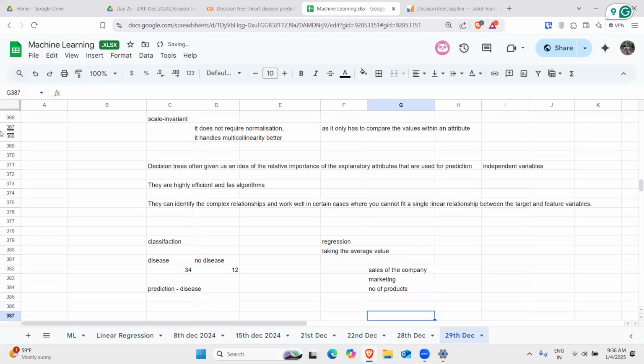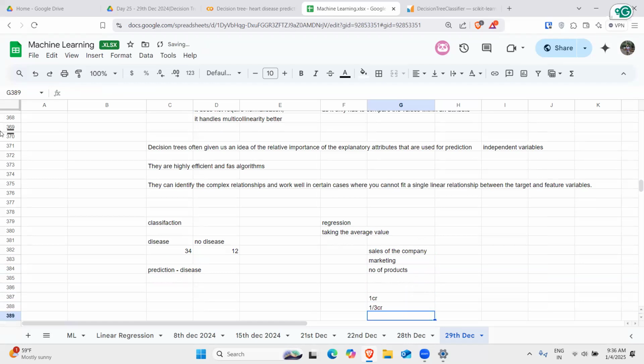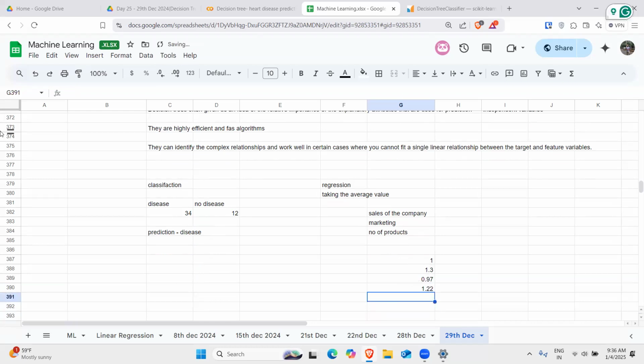So if you have five data points, let's say 1 crore, 1.3 crore, 0.97 crore, sale of your organization, 0.97 crore, 1.22 crore, 0.79 crore, right?